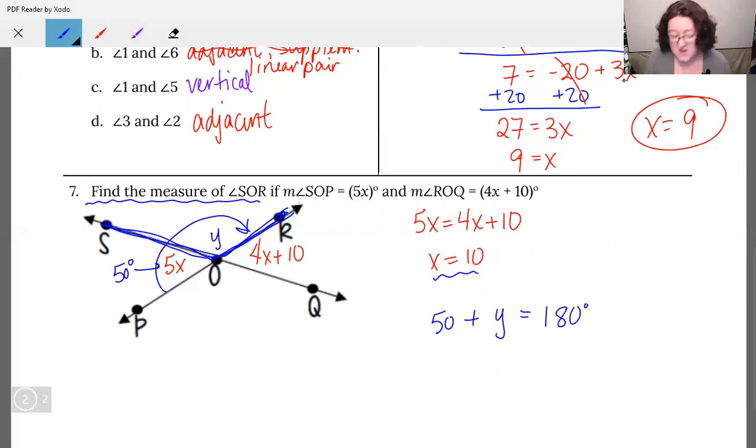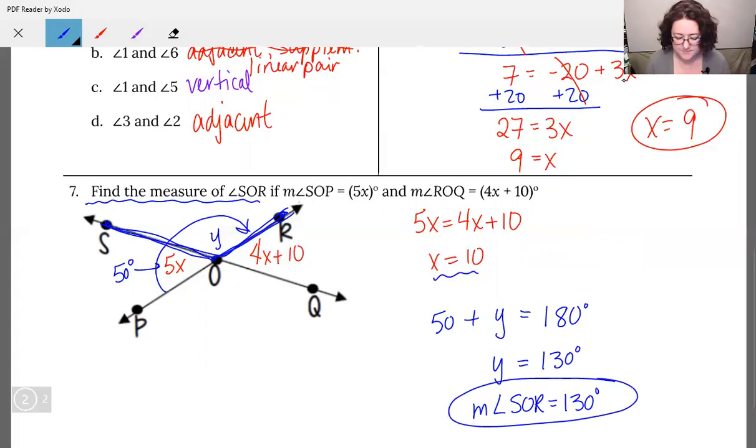So this combines two different kinds, linear pair and vertical angles, all in the same problem. Solving for y, that missing top angle, all I have to do is subtract 50 from both sides. So y equals 130 degrees. Our formal answer, the measure of angle SOR, is equal to 130 degrees.